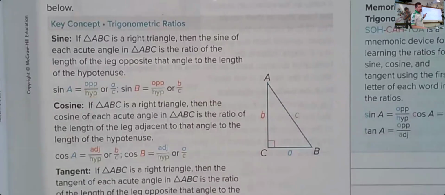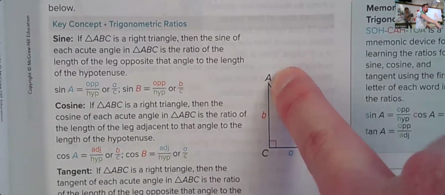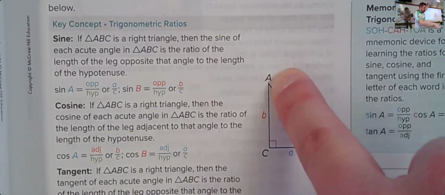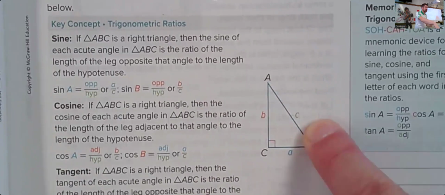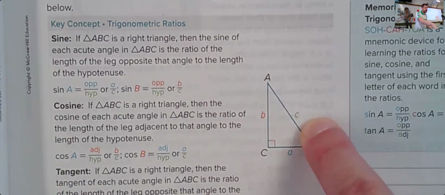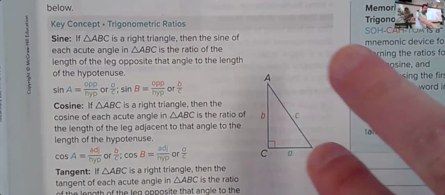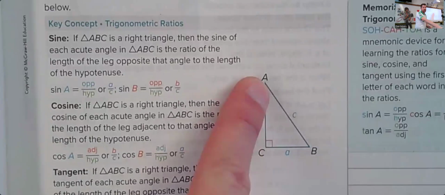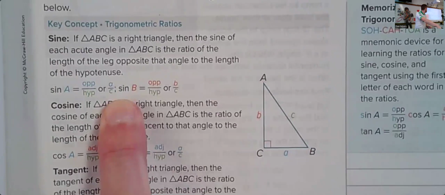So for example, if we are talking about the sine of angle A, here's angle A, we would take the length of the side across from A, which would be side A. And then we would place that over the length of the hypotenuse, which is always going to be C. So basically, whatever number this is to that is going to be the sine ratio according to this angle right here, which is A over C.